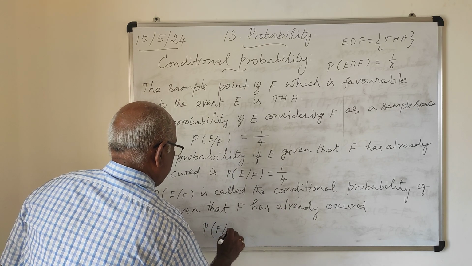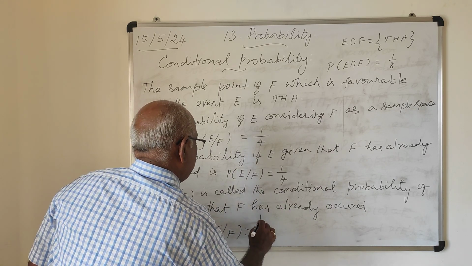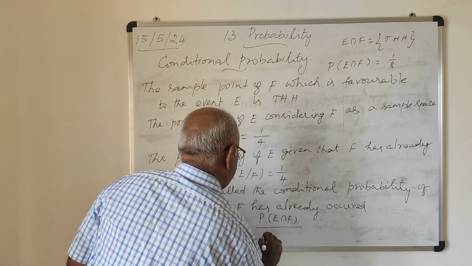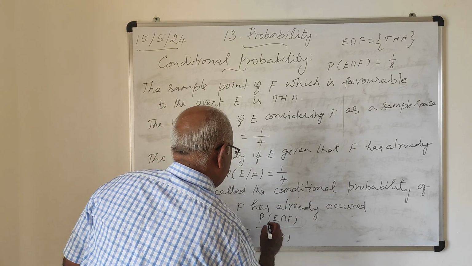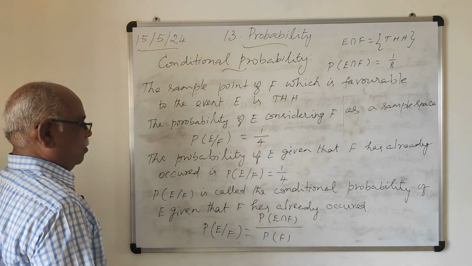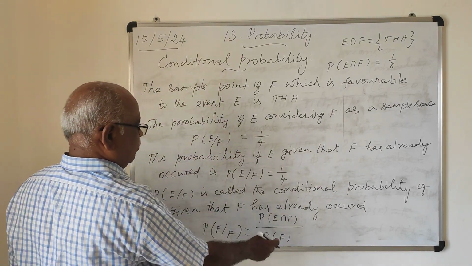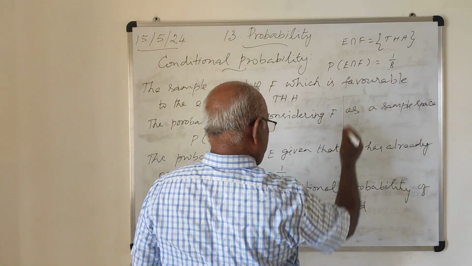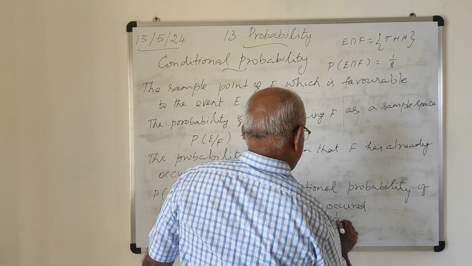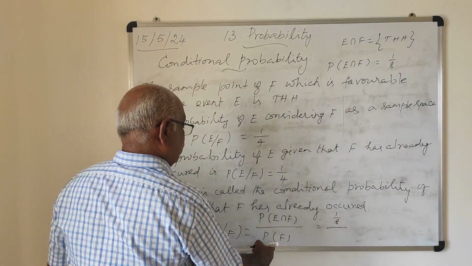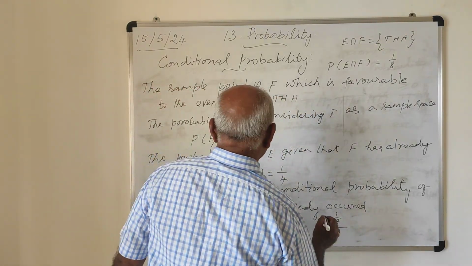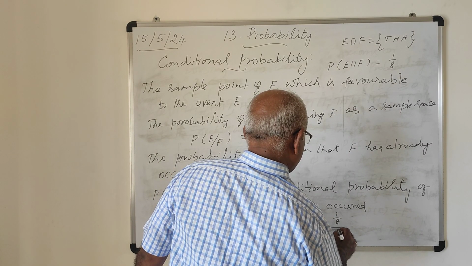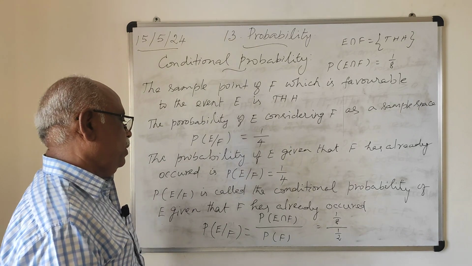It is defined by a formula: P of E by F is equal to P of E intersection F by P of F. This is the formula for finding the conditional probability. You know P of E intersection F is 1 by 8. You know P of F, F consisting of 4 elements, is 4 by 8, that is 1 by 2.